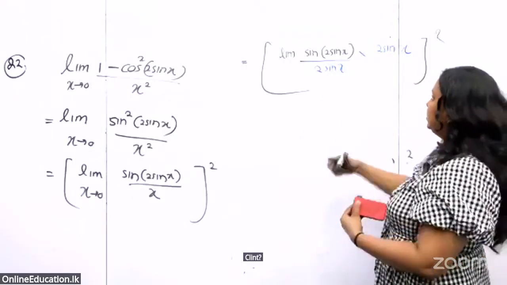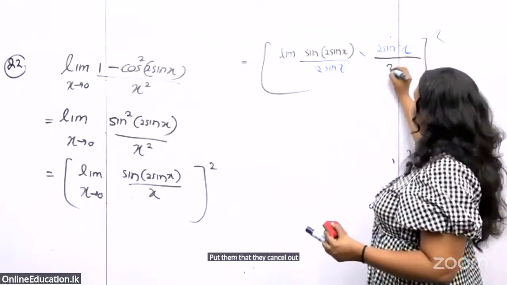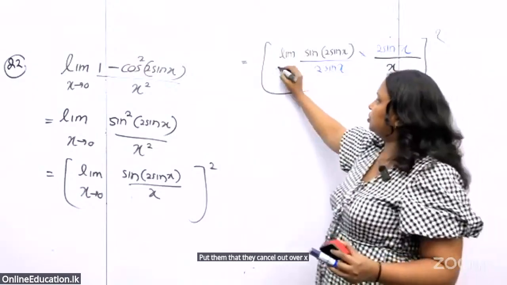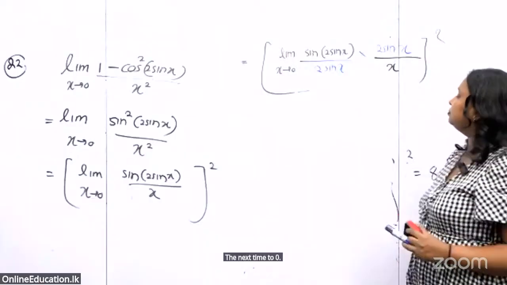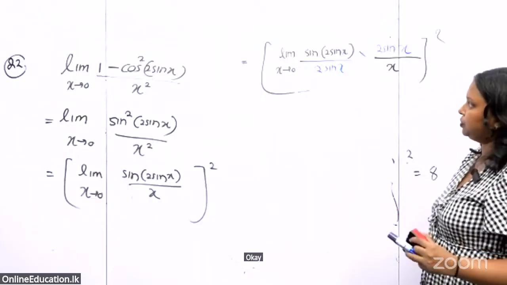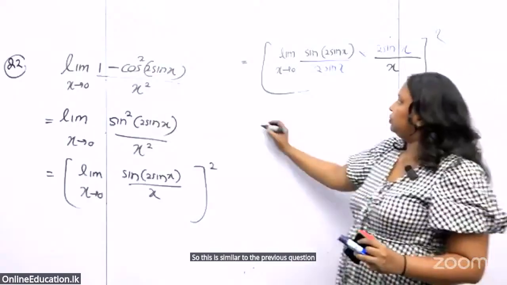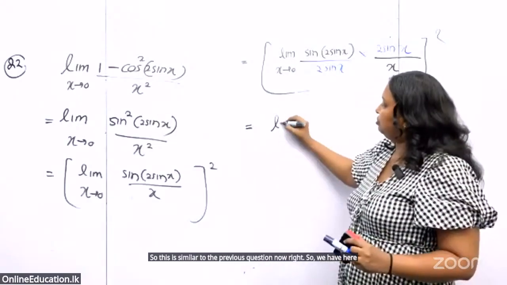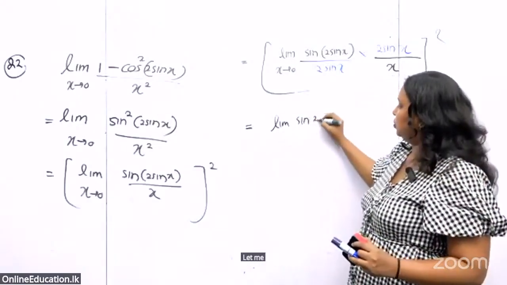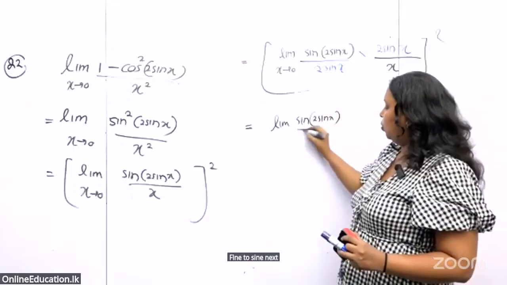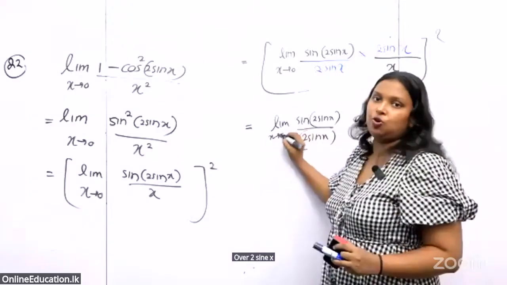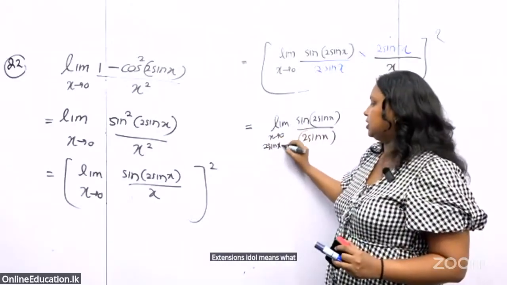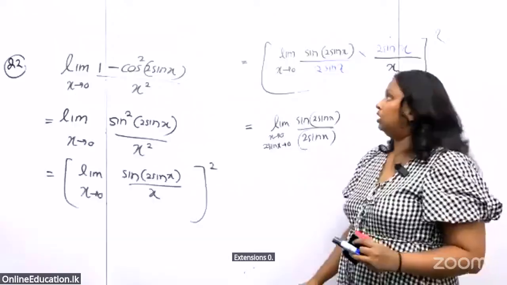Put them so that they cancel out, over x when x tends to 0. Okay, right? So this is similar to the previous question now. So we have here limits of sine 2 sin x over 2 sin x. X tends to 0 means what? 2 sin x also tends to 0. Clear?